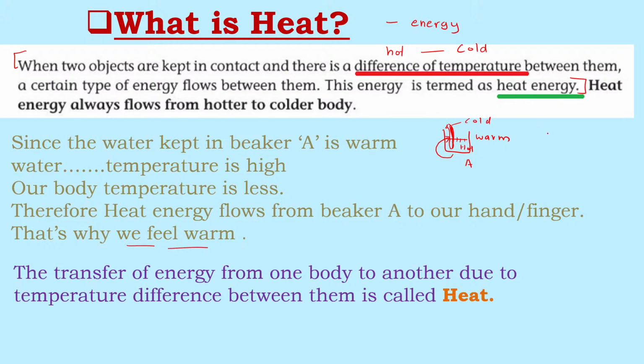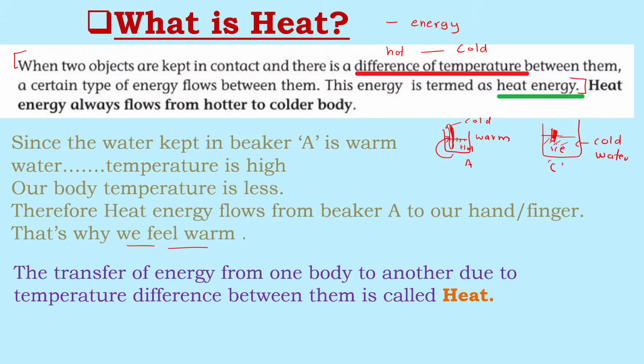Same thing with beaker C. In beaker C, what have we done? We have taken ice. Ice was there, so this was very, very cold water. When you dip your finger in this cold water, again there is a transfer of heat.